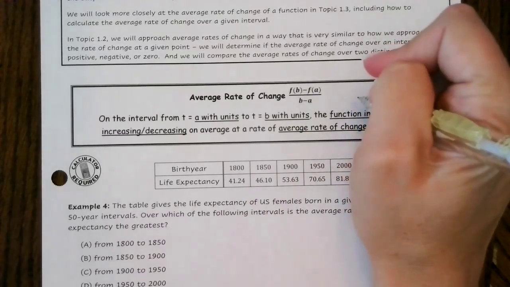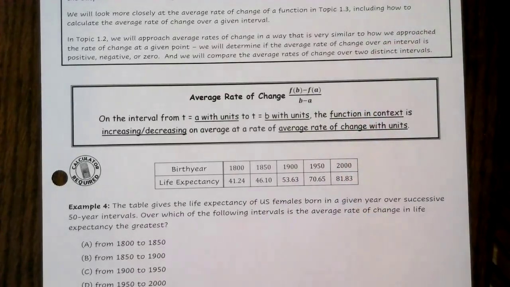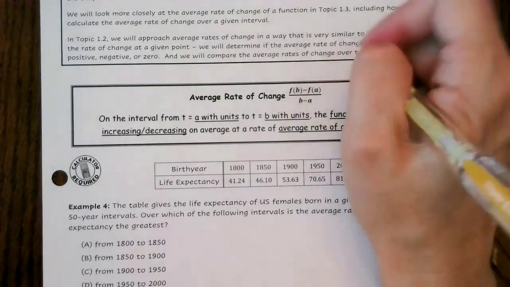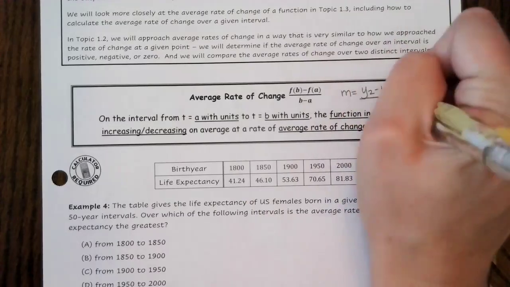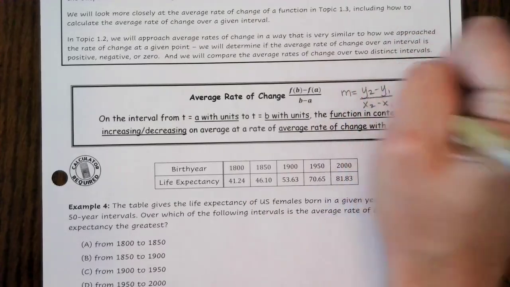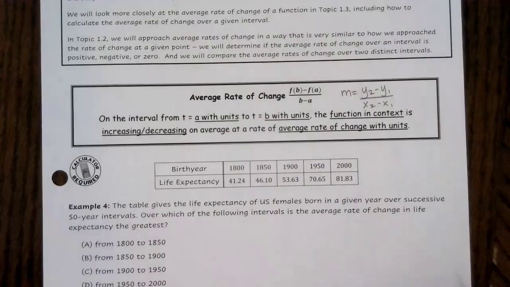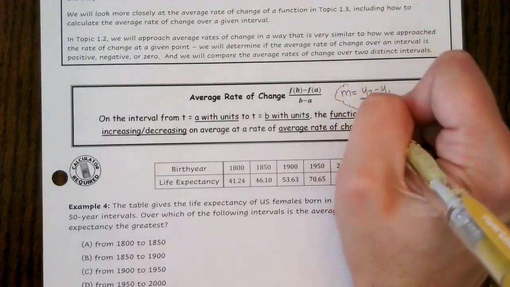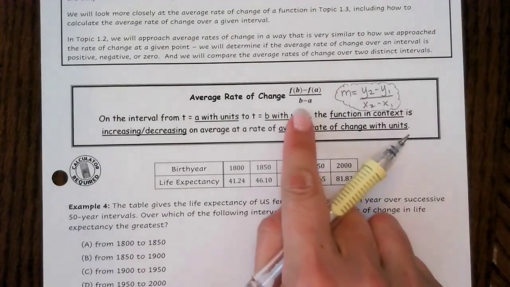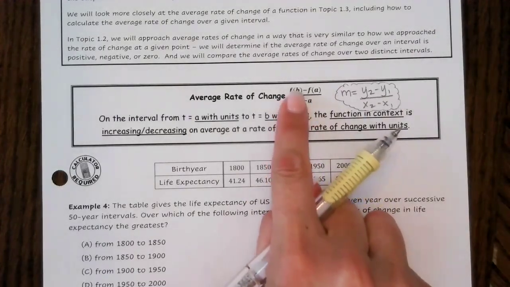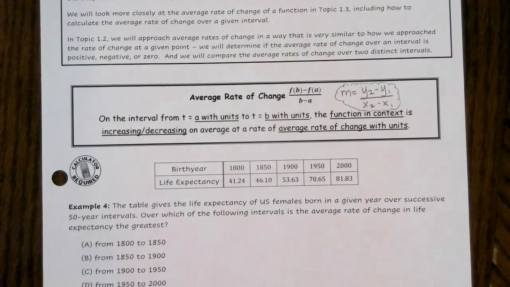In Algebra 1, you saw this as the slope formula: y2 minus y1 over x2 minus x1. Remember that formula? This was from Algebra 1. When we talk about any function and any 2 points, we really write it this way: f of b minus f of a over b minus a.